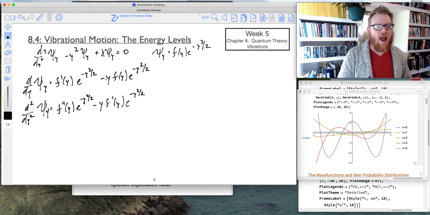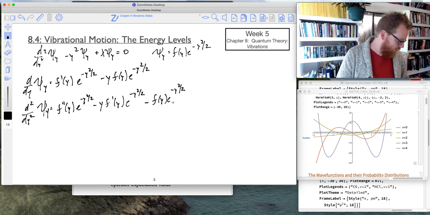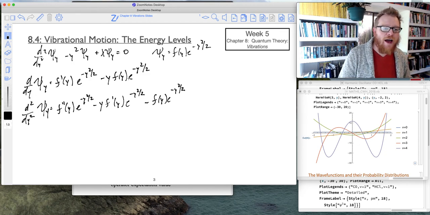Okay, so now I've got a triple situation to deal with, right? So I've got y, I've got f of y, and I've got e to the negative y squared divided by 2. All right, so the derivative of y is just 1. So now that whole chunk is going to become minus f of y e to the negative y squared divided by 2. Okay. Now we've got to do the derivative of the function.